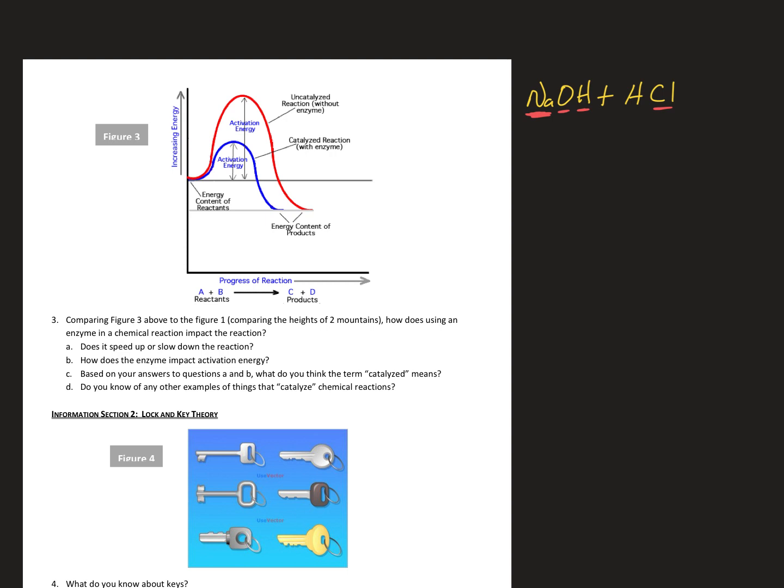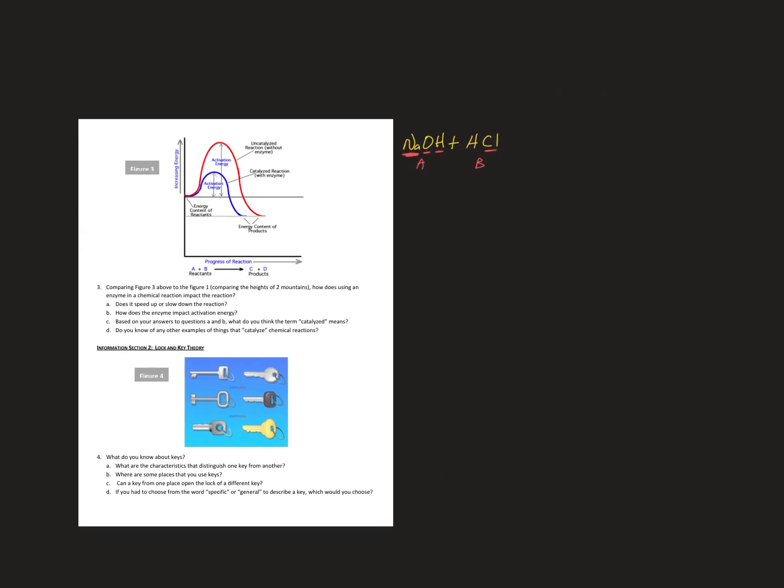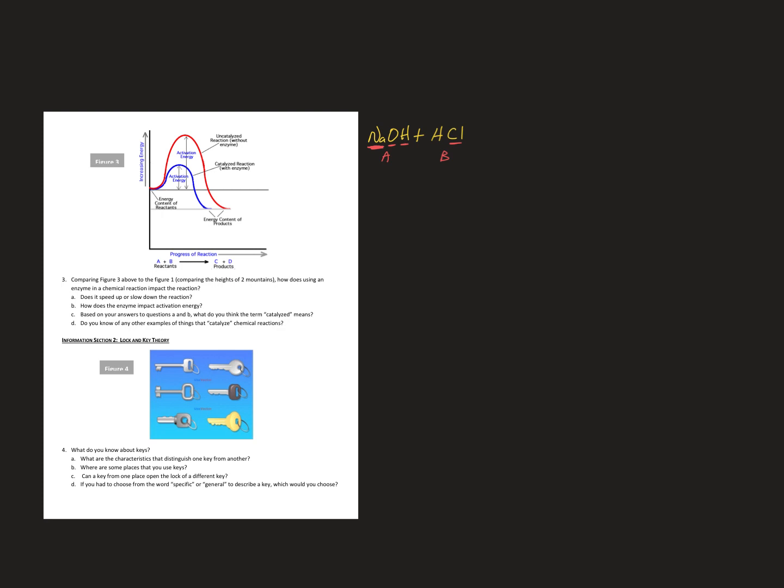This would be your A, this would be your B, right? So A plus B is going to yield, after the reaction, a NaCl, a salt, table salt, sodium chloride.